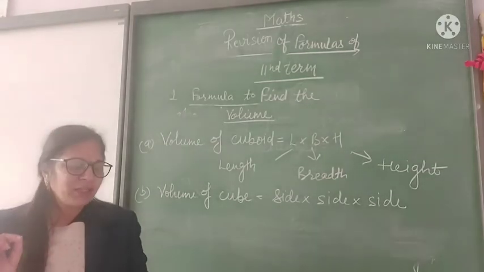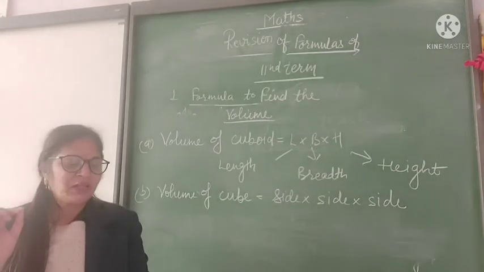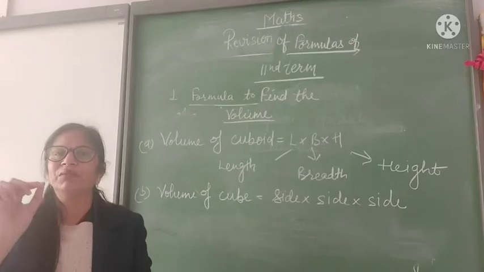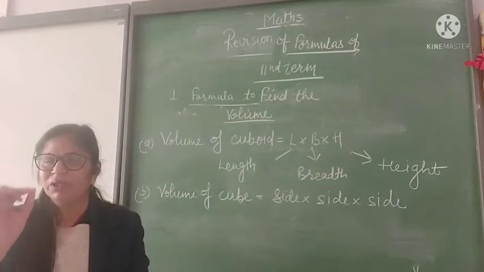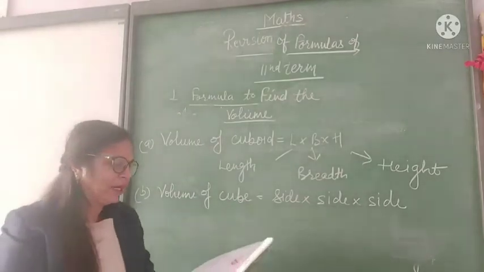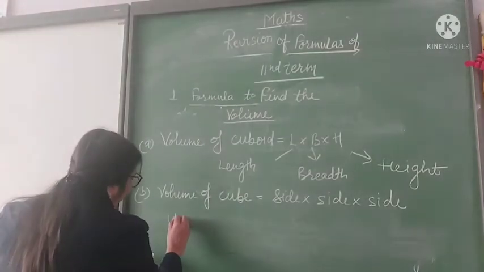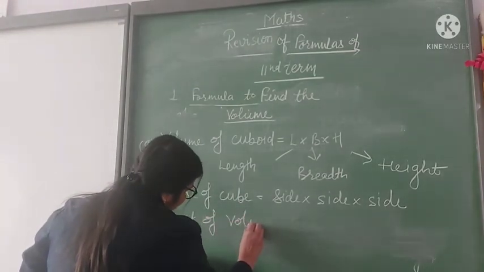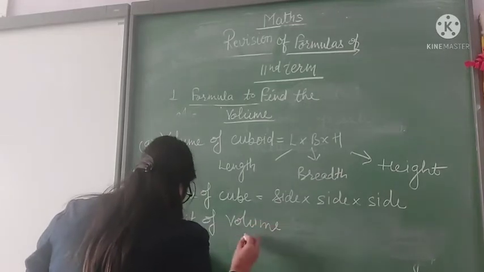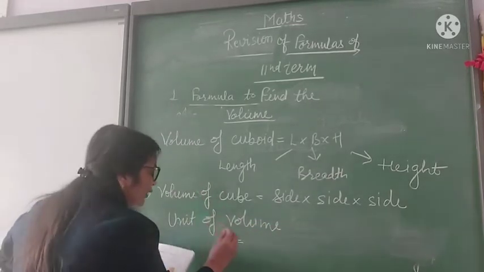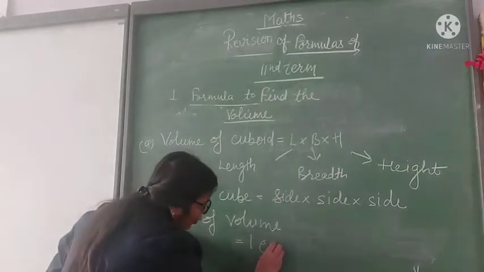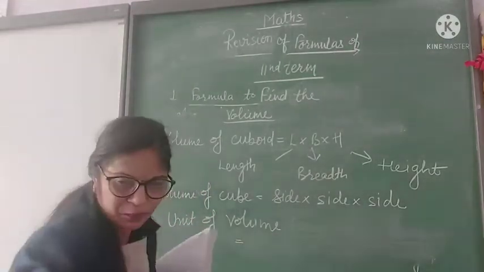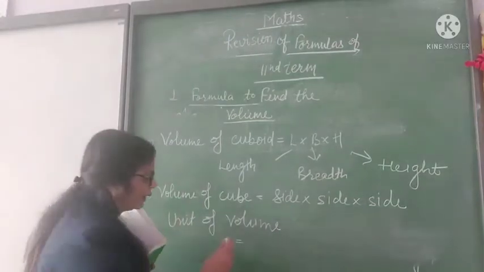Children, we have 1 millimeter, 1 cm, 1 meter, and the units will be cubic meter, cubic centimeter, cubic millimeter. Here I will write the unit of volume. Children, if it is given in meter, the unit will be cubic meter, as I told you in area.